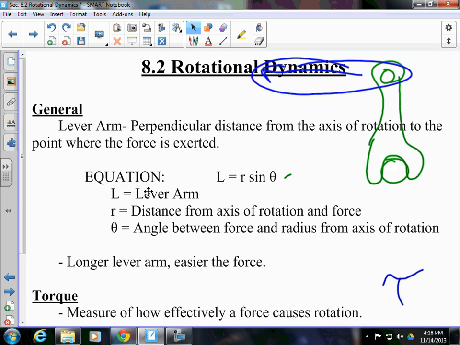The lever distance is longer when the door handle's on the outside. Or if you're trying to get a bolt or a nut off of something, the longer the wrench you use, the easier the force is going to be. The shorter the wrench, the more force you have to apply. So that is lever arm distance.